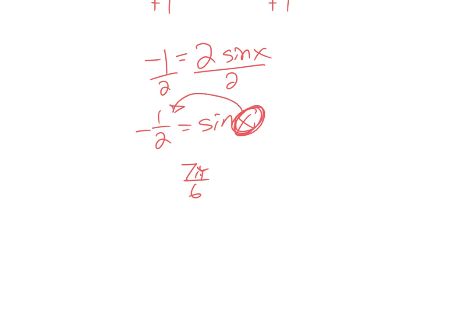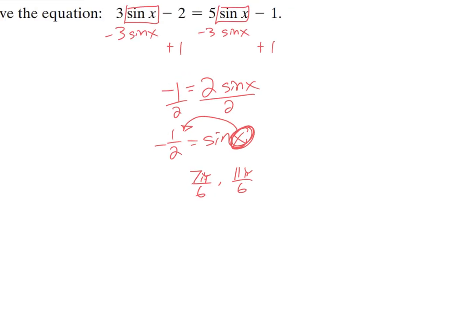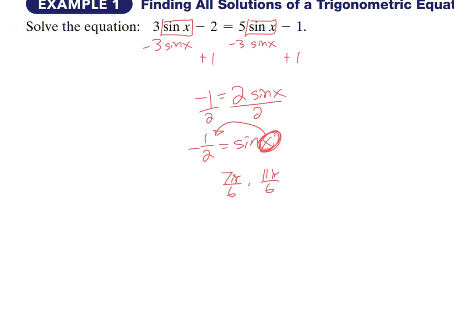That occurs at 7 pi/6 and 11 pi/6. So these are my two answers on the unit circle. However, they're not the only two answers. Let me just draw this out. So here's 7 pi/6, here's 11 pi/6.